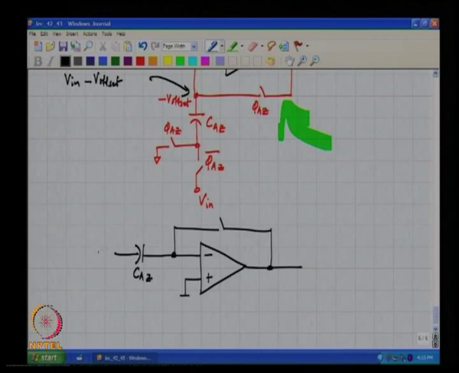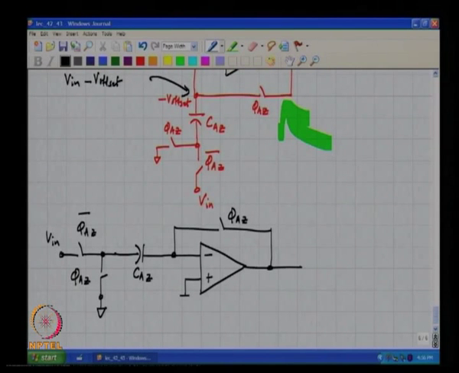CAZ, this is phi AZ, this is phi AZ bar, sorry, this is phi AZ, this is V, this is ground, this is V in, this is phi AZ bar.